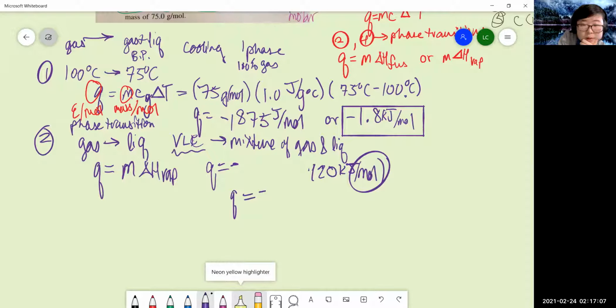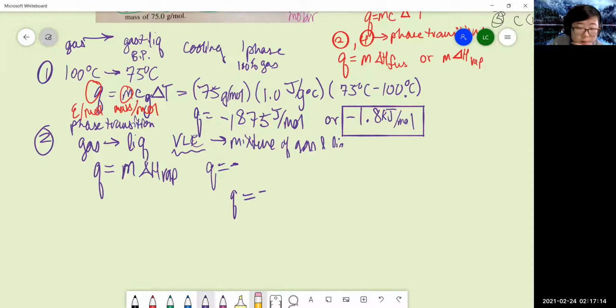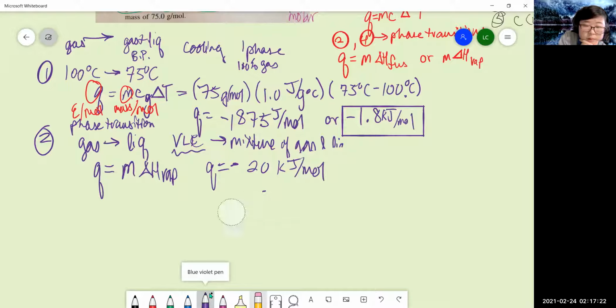But you should multiply by M if you did have an amount, so it's just negative 20 kilojoules per mole. But you can multiply this if you want.